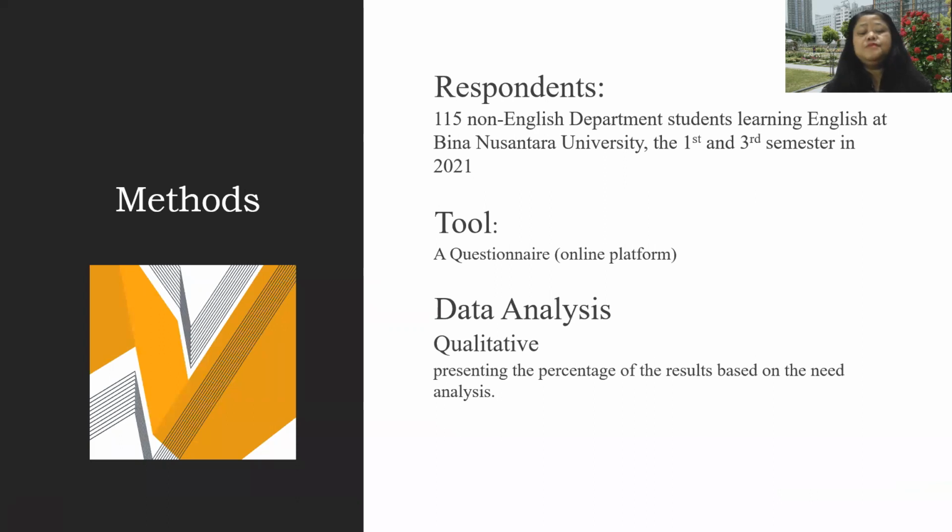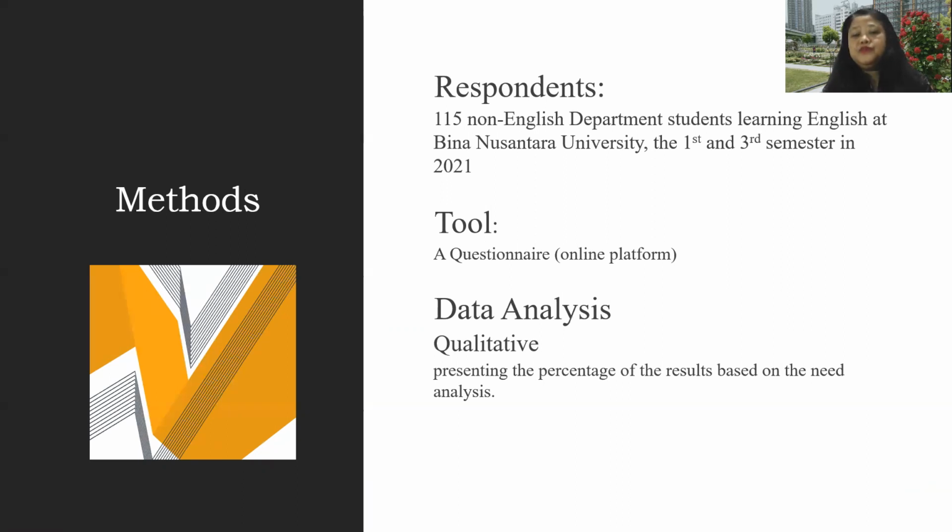Now let me continue with the method. We have two methods here: method of data collection and method of data analysis. For data collection, we used questionnaires on an online platform and spread them to the respondents. The respondents are the first and third semester students of Winanastiti University learning English.